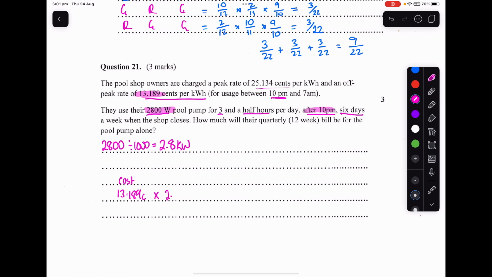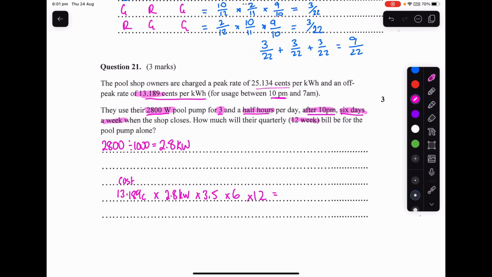So we're going to go times 2.8 kilowatts. Then it tells us 3.5 hours per day, so times 3.5 per day, for 6 days a week, so times 6, and for 12 weeks, so we're going to go times 12.